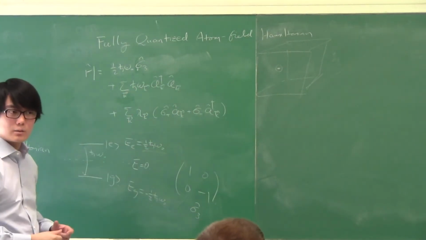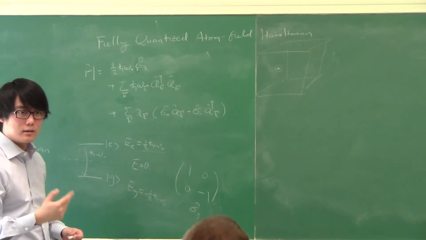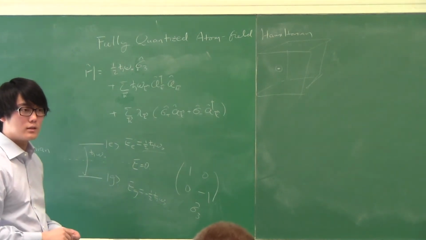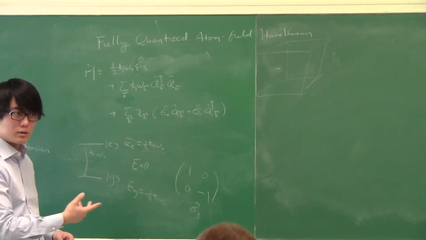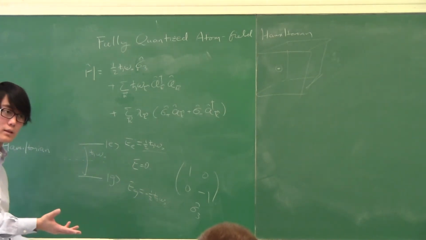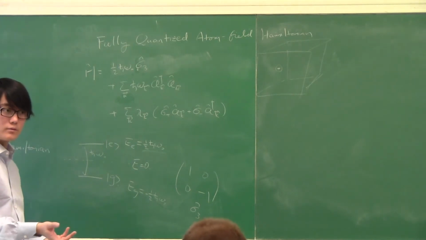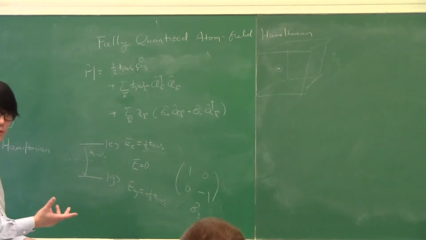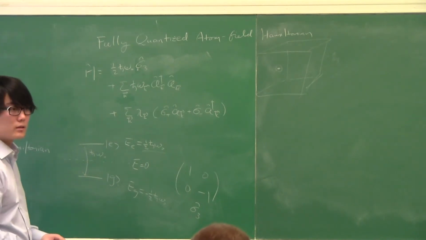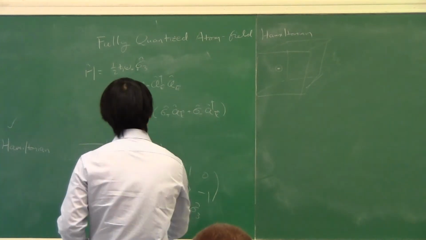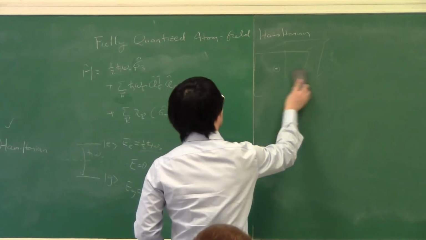From this Hamiltonian, you can study things like spontaneous emission, because now the field is quantized. So the atom is coupled to a quantized field, which includes the effect of the quantum vacuum. And by coupling to the quantum vacuum, you get this spontaneous emission. You could study that, but let's not worry about this problem right now.